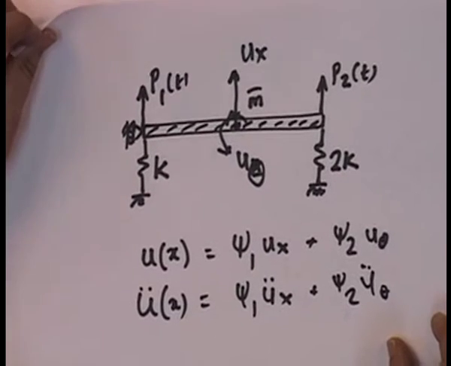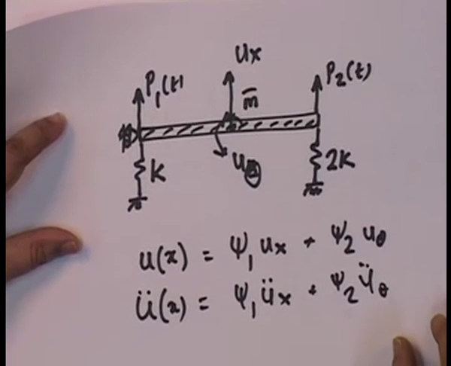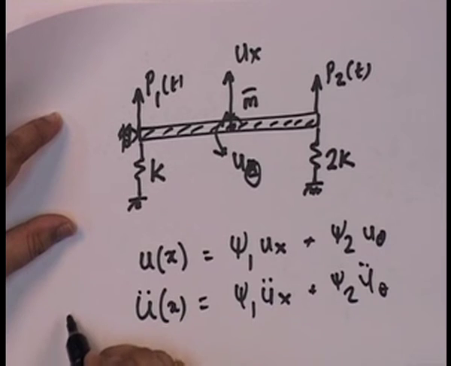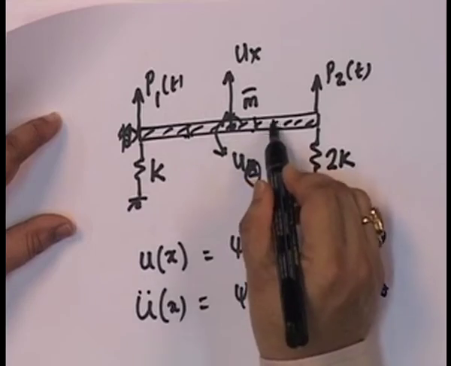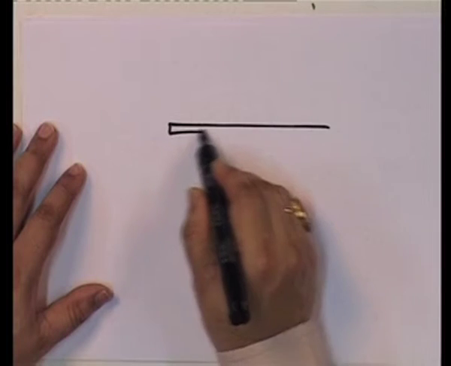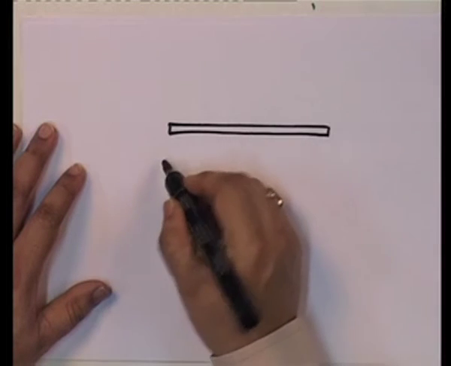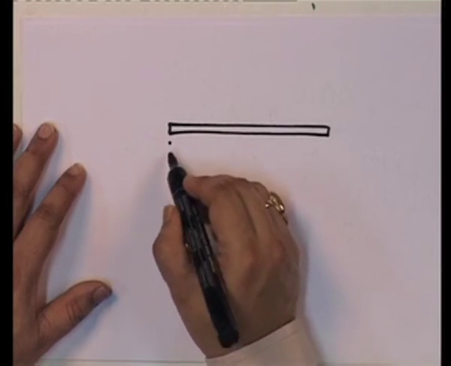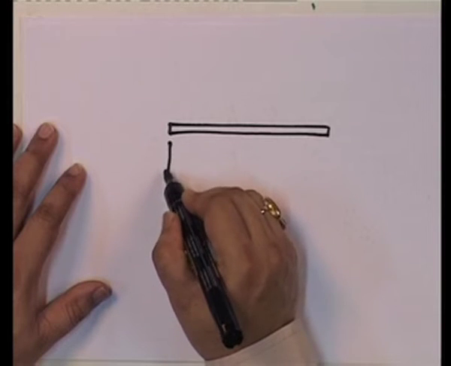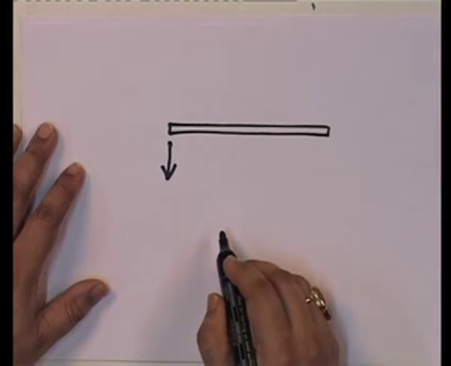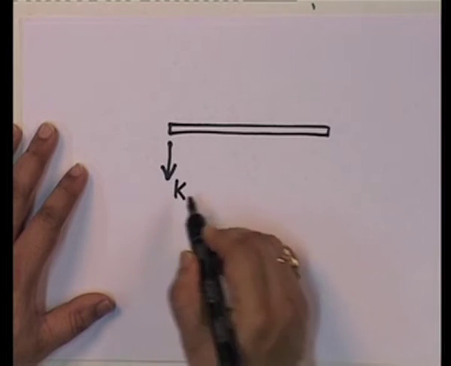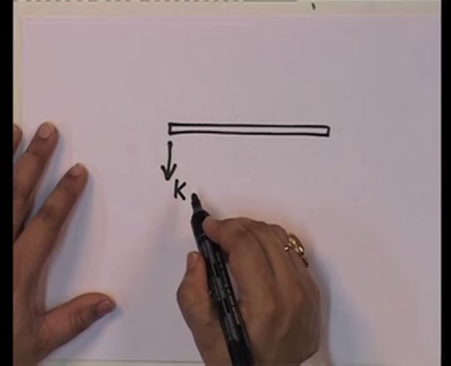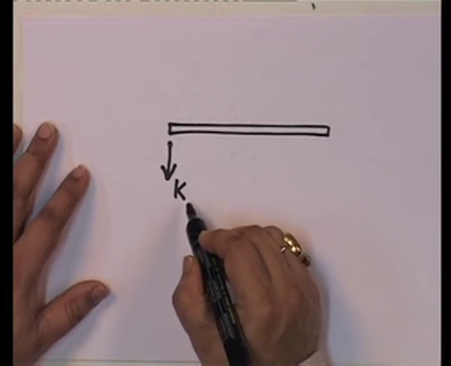if I look at the forces on my structure, the forces on my structure are going to be the following. Here is going to be a net force, where the force is going to be equal to k into, now what is xi 1 at this particular point?